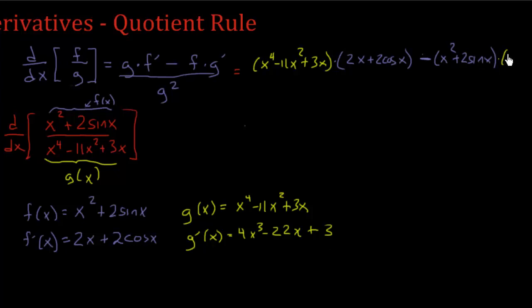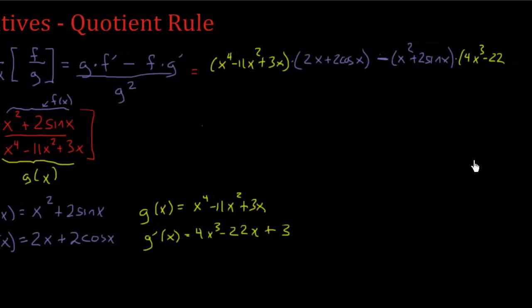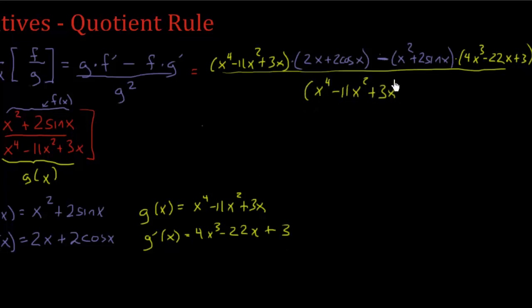So that's 4x cubed minus 22x plus 3. And that's all going to be over g squared, which is x to the fourth minus 11x squared plus 3x, squared. And that's the derivative of this quotient.